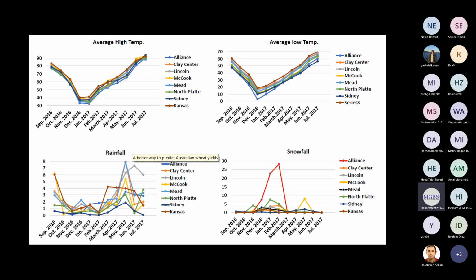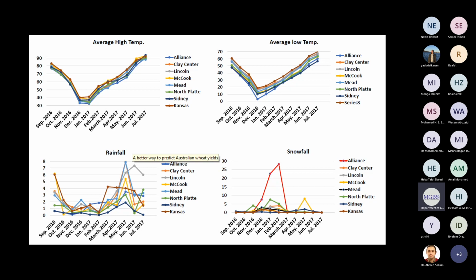To expand our understanding of the effect of weather and climate in each region, we analyzed high temperature and low temperature data, and as you see, all environments have a fairly stable, similar trend in high and low temperature.